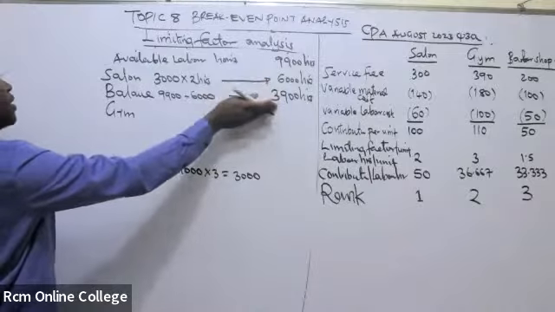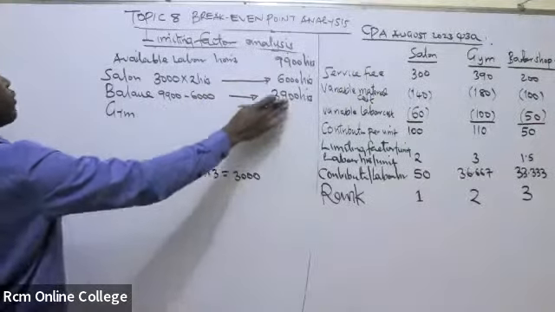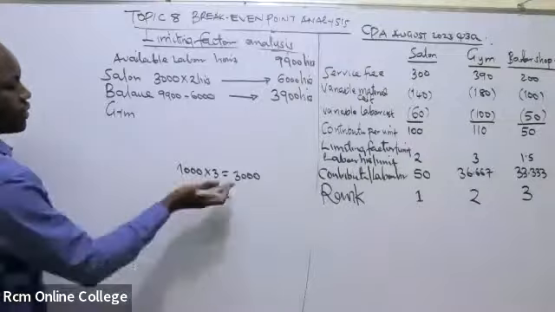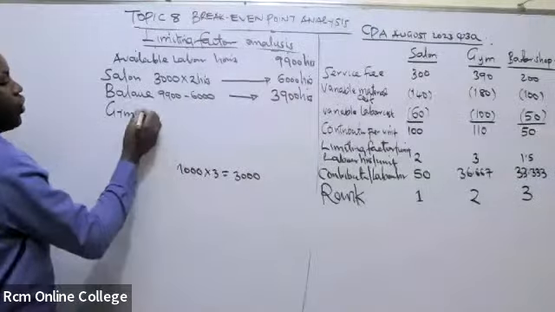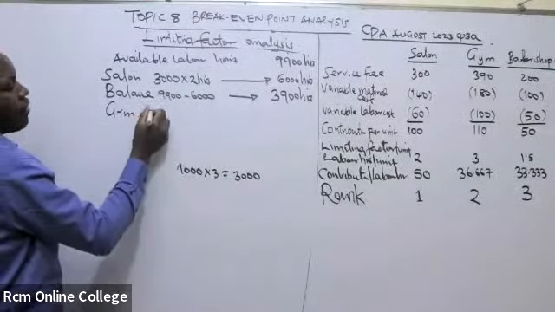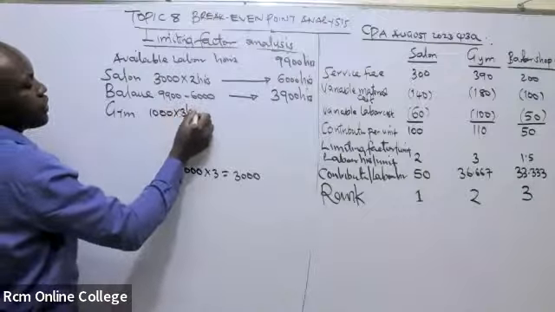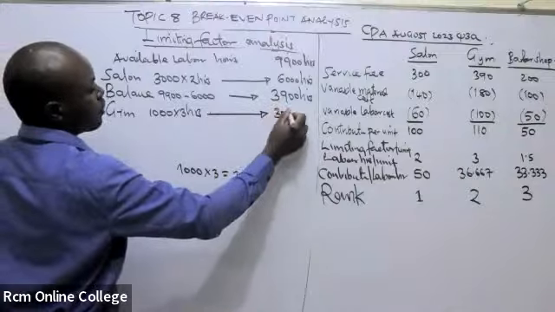If it is less than this, then it means I'll be able to serve all the clients. If it is more than this, then I'll not be able to serve all the clients. So I can see it is only 3,000 and I still have 3,900 labor hours. So all the clients that were to be served in the gym will actually be served. So that will give us 3,000.